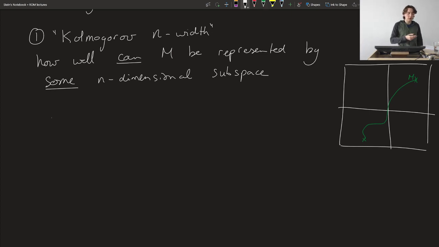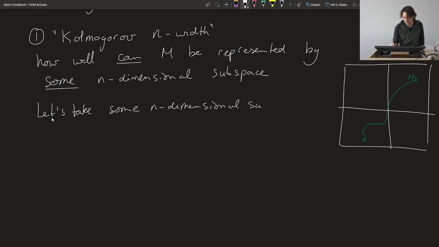So let's just take some n-dimensional subspace. So let's see, how do I write this? I don't want to write this as steps. But, okay. So let's take some n-dimensional subspace.